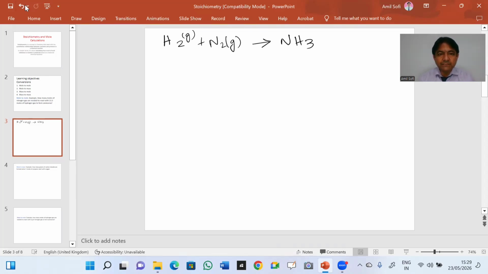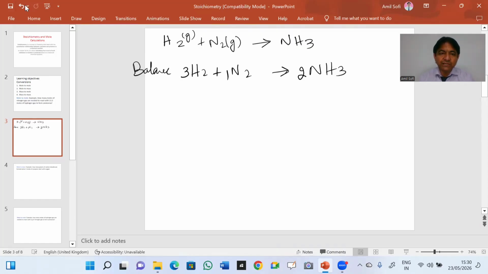So I will write H2 plus N2 gives NH3. Here I will balance it like this. You can do the balancing yourself, but here I'm just showing how we can put it in balanced form. So now the chemical reaction is balanced.